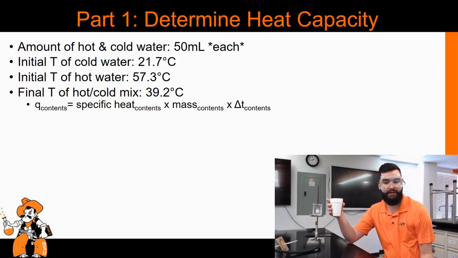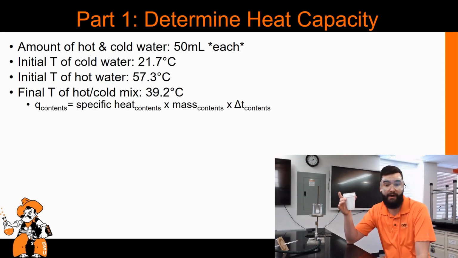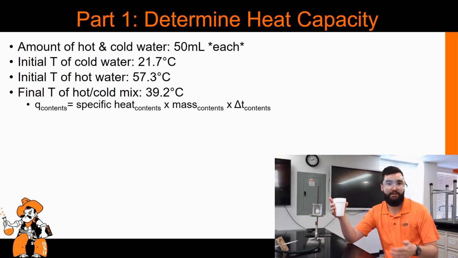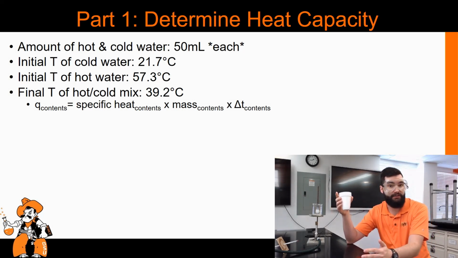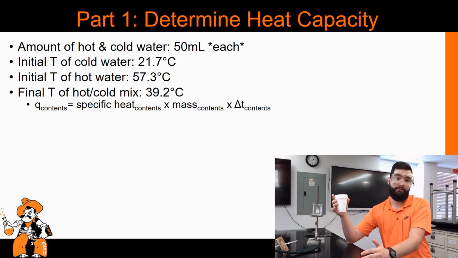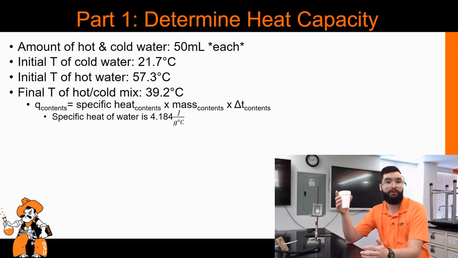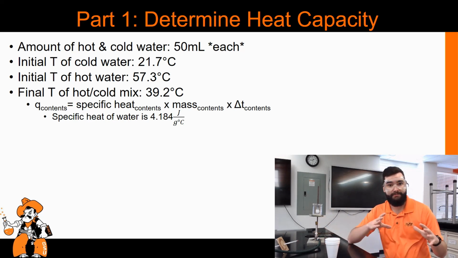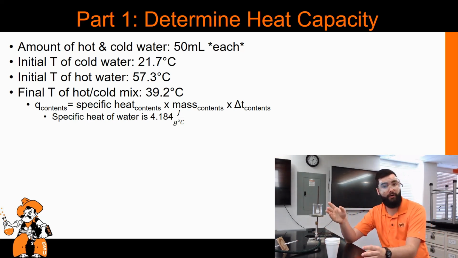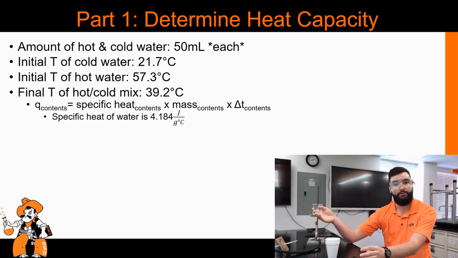So in your calculations to find the heat lost by the hot water, that's going to be the Q of contents for the hot water. You take the specific heat of the hot water, which is 4.184 joules per gram per degree Celsius. So you take that specific heat times the mass of the hot water alone, which we used 50 milliliters of hot water.